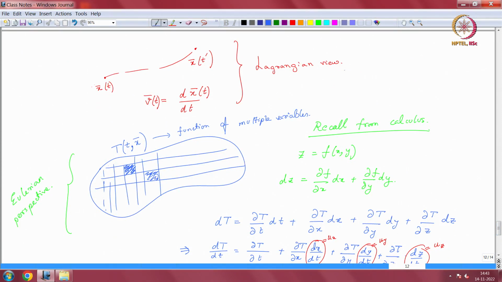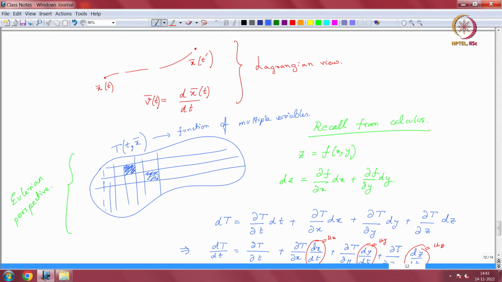So f equal to ma must be interpreted in the Lagrangian sense, whereas if we are using the Eulerian perspective, the bookkeeping we are doing for the variables is slightly different, because now we are associating the variables with grid points, and we are keeping a tab on how this variable changes with respect to time, but not just time, also as a spatial variable.